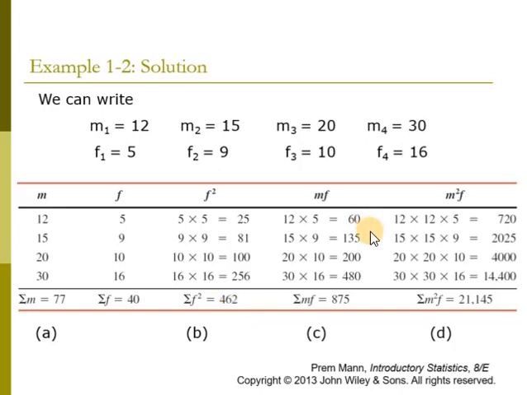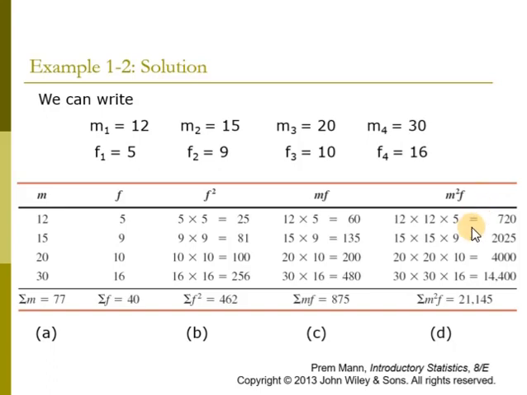The fourth column records the product of the corresponding m and f values. For example, the first value 60 in this column is obtained by multiplying 12 by 5. Here the 12 and 5. And you do the same for the rest, then you get the summation of mf is 875. Next, the m values are squared and multiplied by the corresponding f values.